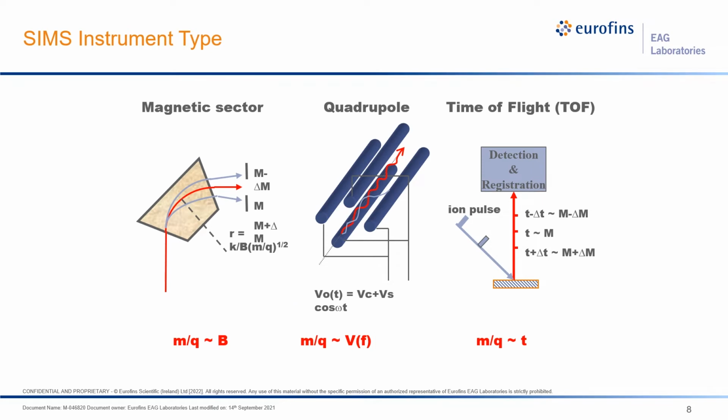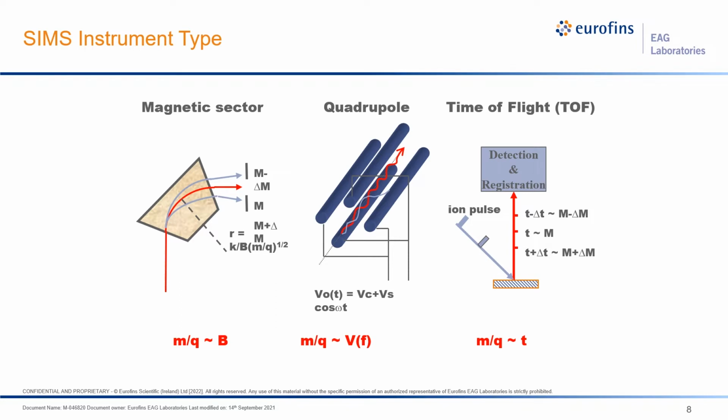There are three different spectrometers for a SIMS instrument: magnetic sector, quadrupole, time of flight, or TOF. Each one of them filters out the masses in a different way. Magnetic sector applies a magnetic field to filter out the desired mass through the mass spectrometer going into the detector, while quadrupole uses an oscillating electric field to filter out the mass that needs to be measured into the detector.